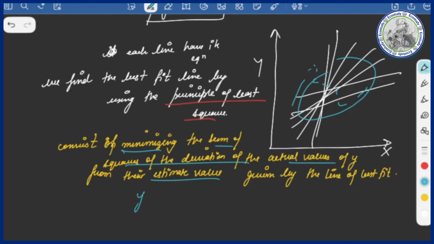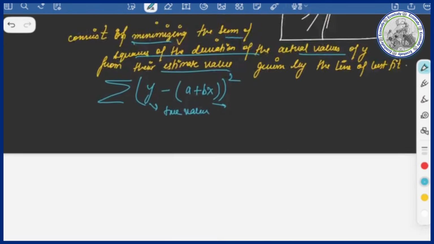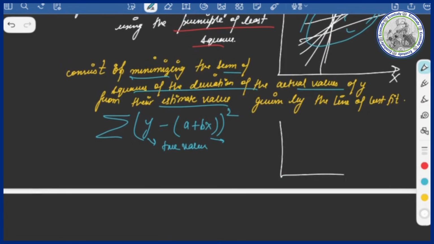What will be the estimated value? The estimated value is a plus bx, and we will just minimize it. Why should we minimize it? Because this is your true value and this is your predicted value. Let me show with the help of a plot. Suppose we have this line, and let's suppose for 1 minute that this is our best fit line, and for x equal to 3 we get y equal to 5.